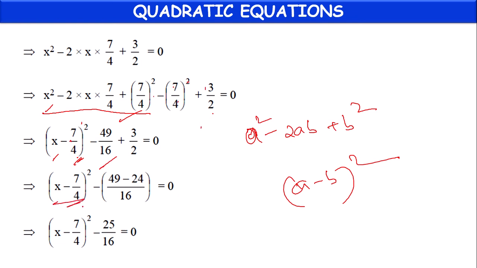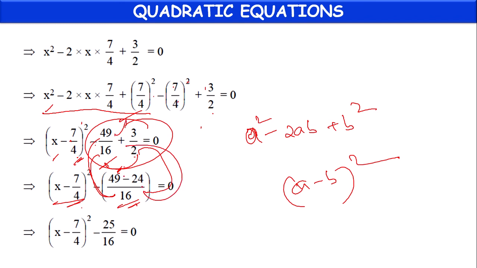Let's keep the first term as it is and simplify the remaining term. Minus we can take common. 16 and 2, LCM is 16. 16 into 1 is 16, 1 into 49, 49. 2 into 8 is 16, 8 times 3 is 24. Because minus we have taken common, the middle symbol will change. 49 minus 24 by 16, which is equal to 25 by 16.